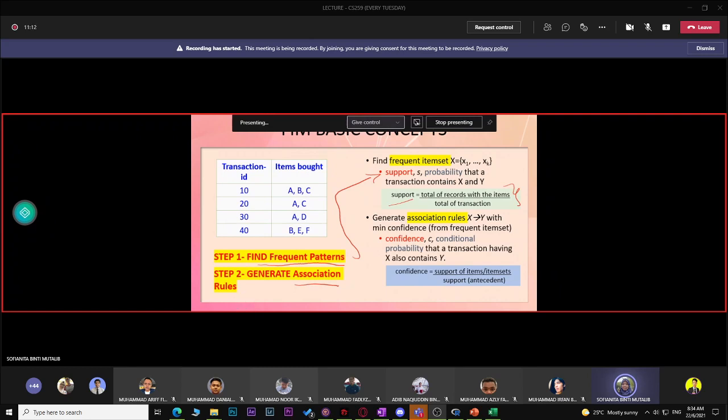Meanwhile, for association we use confidence, meaning we look at how many times the left hand side occurs with the right hand side. This can be calculated using support of the item sets divided by support of the antecedent. Other than that, you could use lift value to determine the best rules.